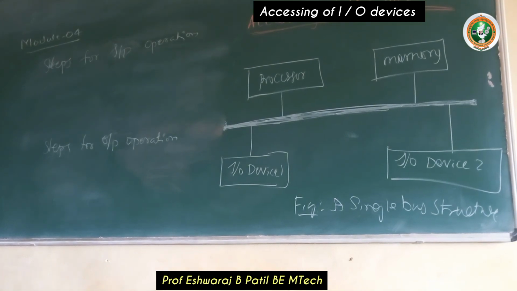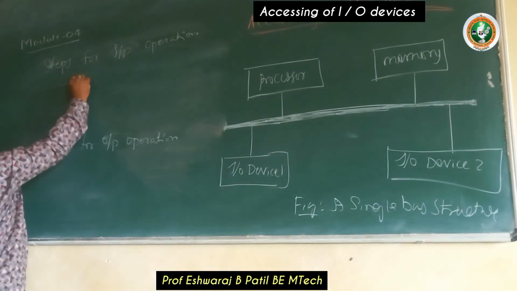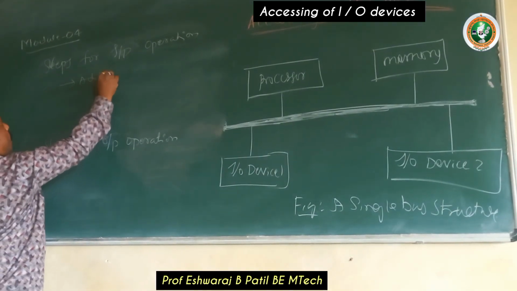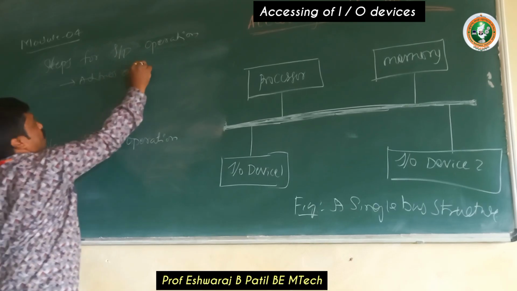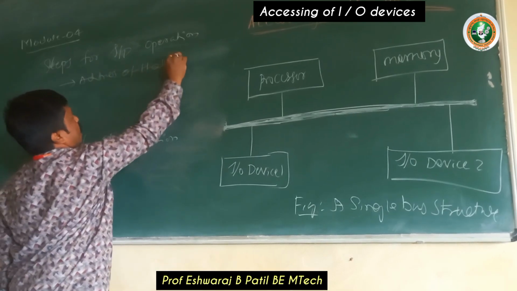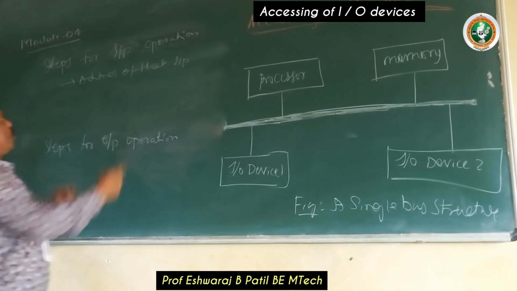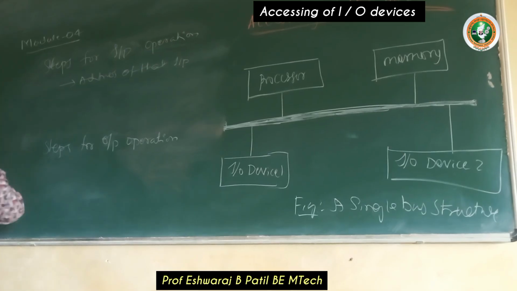If you want to communicate, the address bus holds the address of that particular input device. First, it gives the address of that particular device, then the control signals.